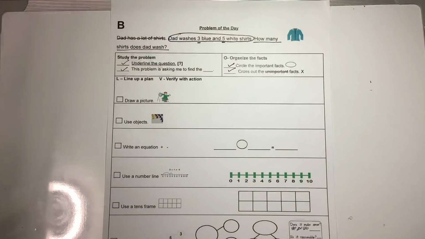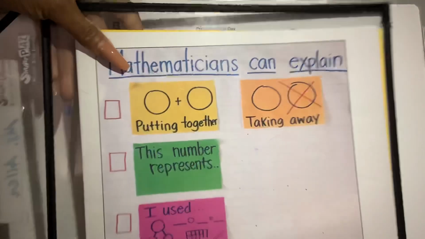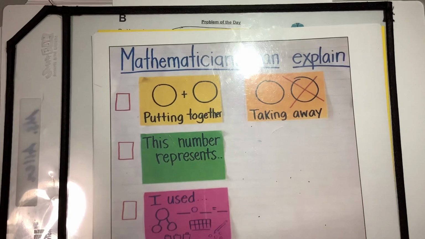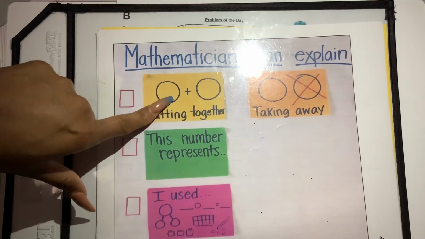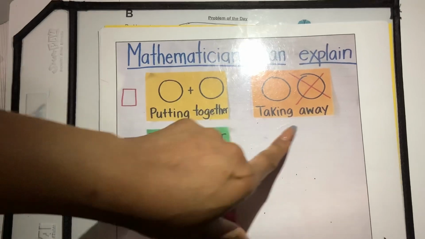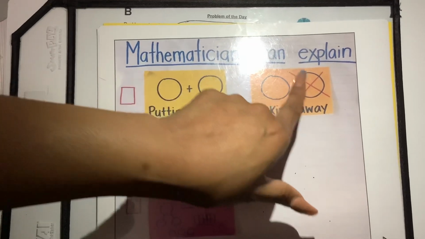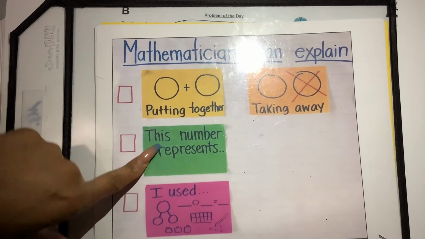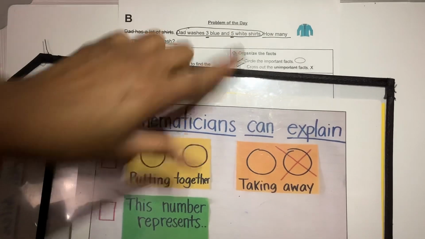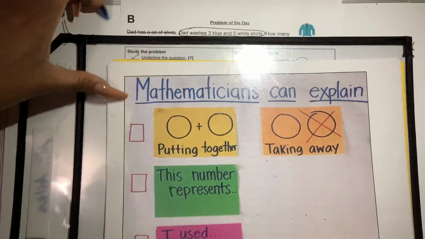Now we're going to line up a plan. Like I explained before, this is where we think about what type of problem this is. Is this a putting together problem where we add? Or is this a taking away problem where we cross stuff out? And what do the numbers that Miss Allen underlined, numbers 3 and 5, represent?